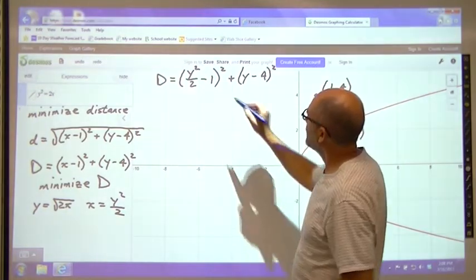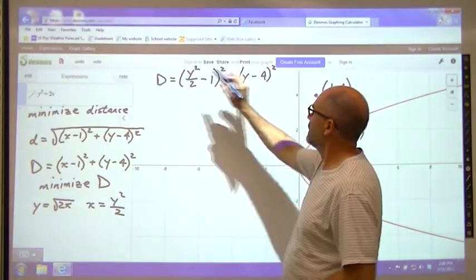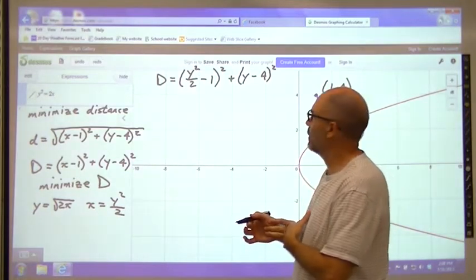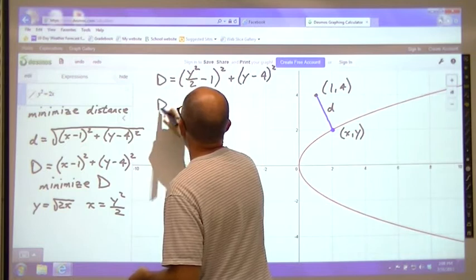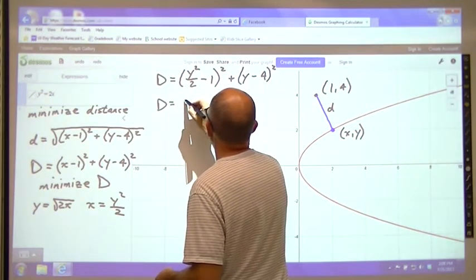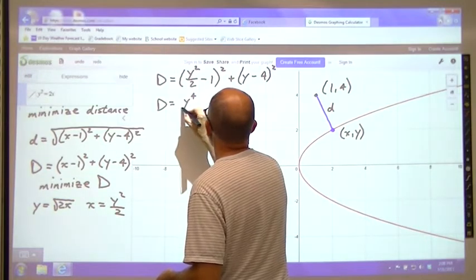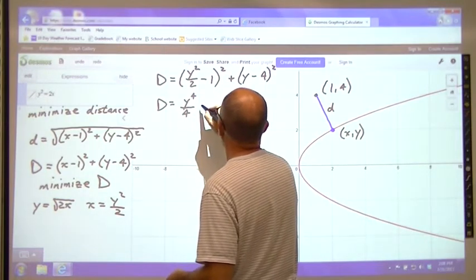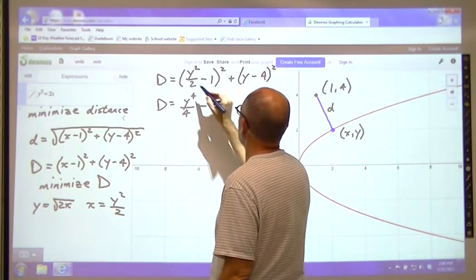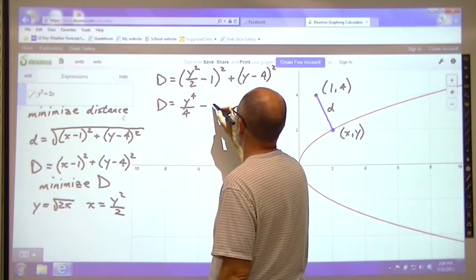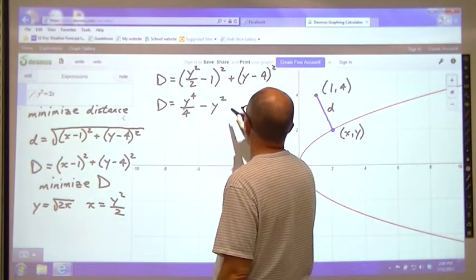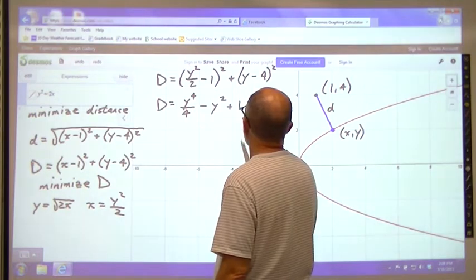Okay, let's square both of these, and it's going to make it easier to take the derivative. So D is going to equal, okay, a squared, which is going to be y to the 4th over 4, minus 2ab, which is going to be 2 times y squared over 2, which just makes y squared, times 1, plus 1.